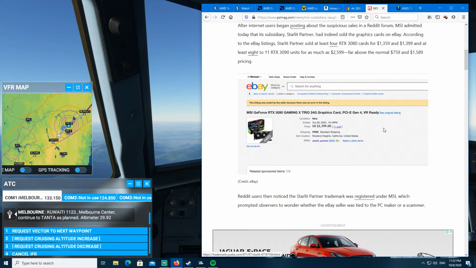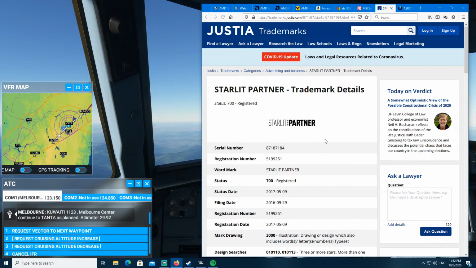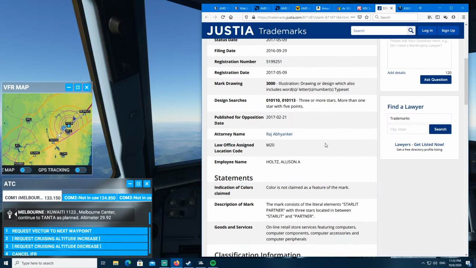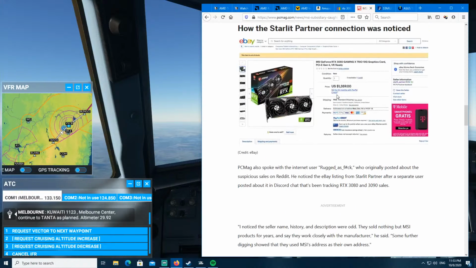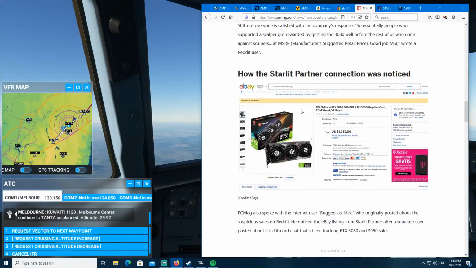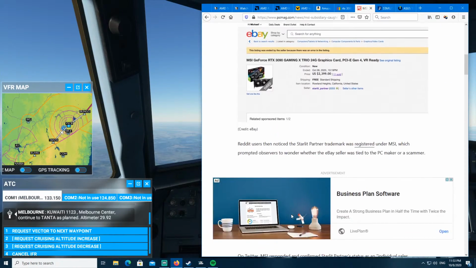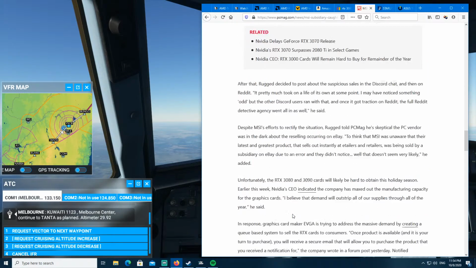Let me see if they have proof of registration here. Oh yeah, it is. Let's see, maybe they have two different listings. This one is 1,359. The other one is 2,000. Oh wow, they're selling two different cards on eBay.